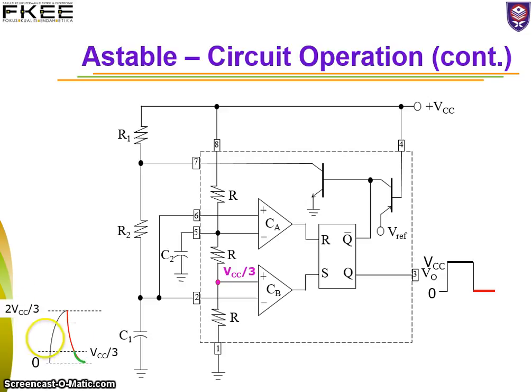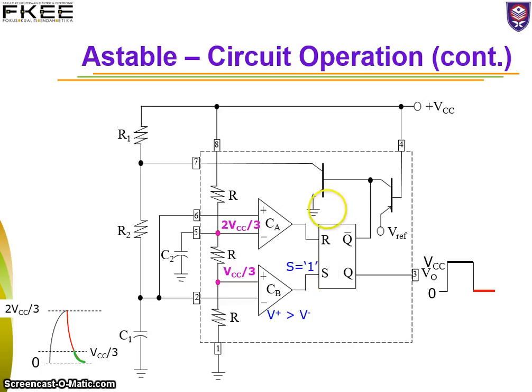The moment the voltage across the capacitor is less than 1/3 of VCC, your lower comparator CB is at this point. Your voltage across the capacitor is less than 1/3 VCC over here, so V plus will be greater than V minus, meaning that set will receive 1.